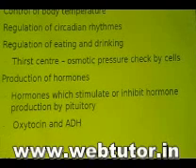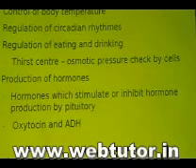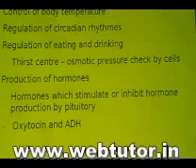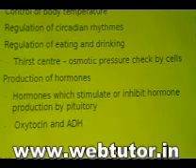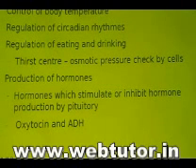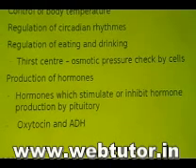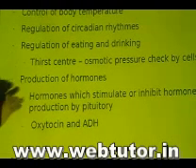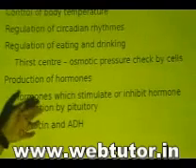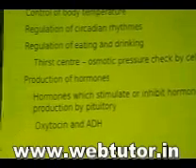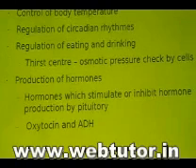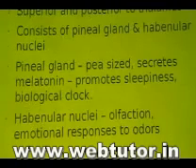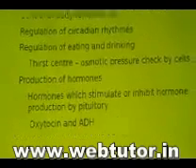Most of your releasing hormones, gonadotropin releasing hormone, and other stimulating hormones, thyroid stimulating hormones, are secreted from your hypothalamus. So your hypothalamus secretes hormones which stimulate the pituitary gland to make certain hormones.